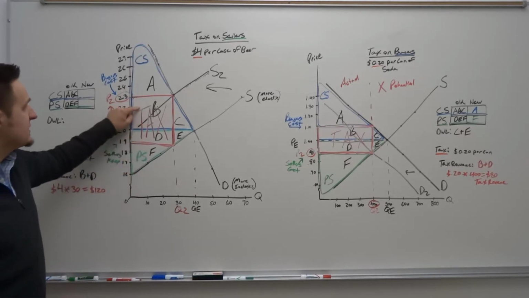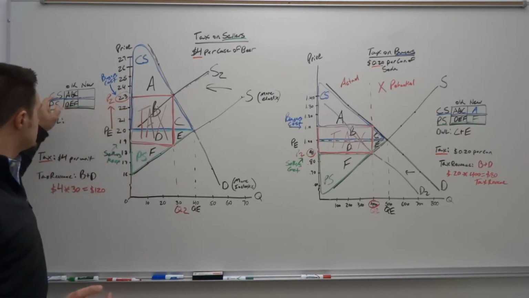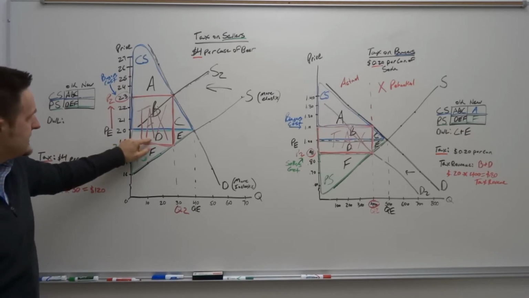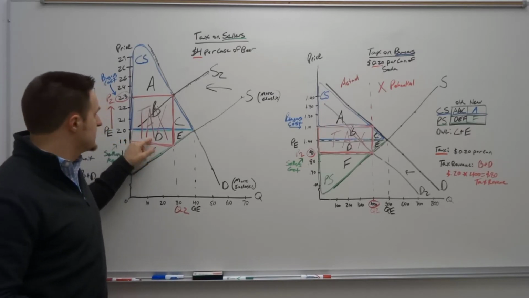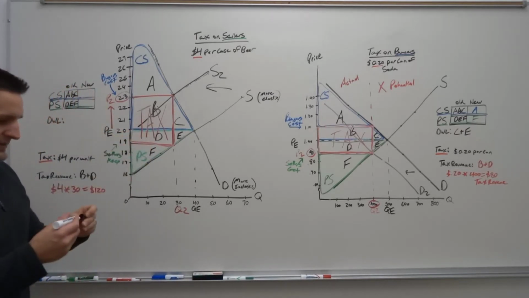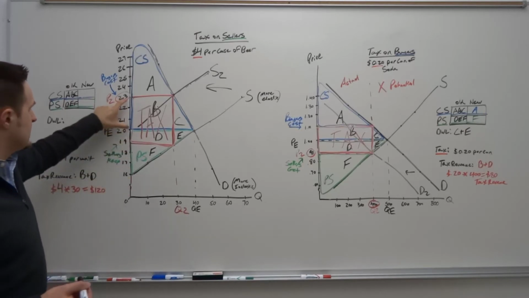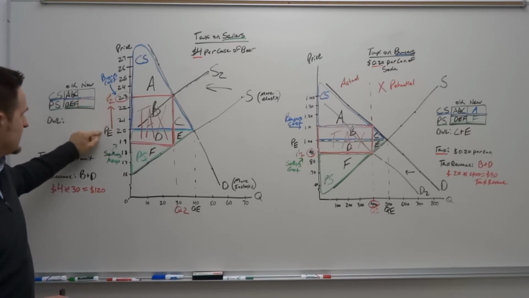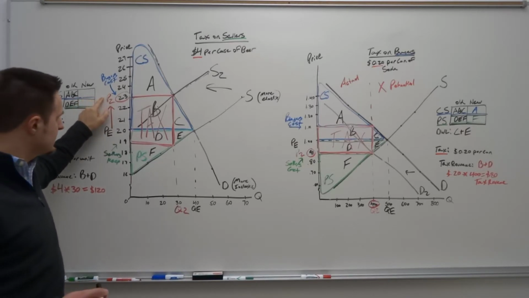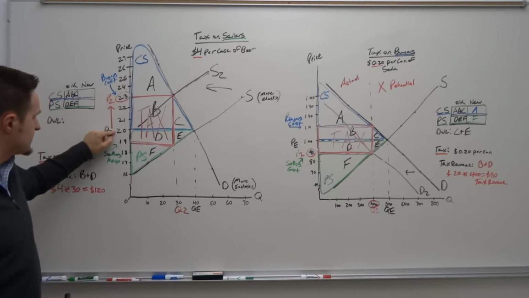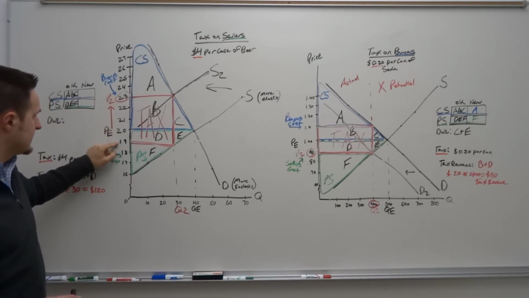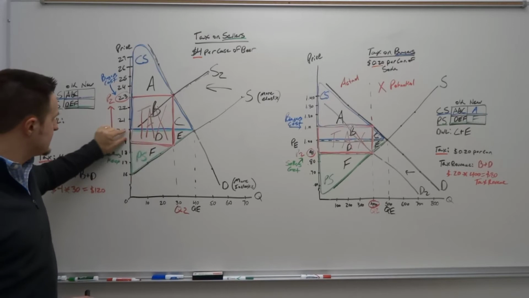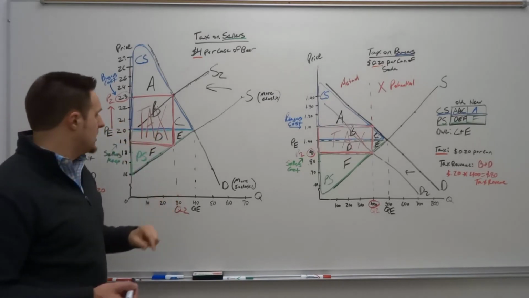Now area B comes out of the consumer surplus. Area D comes out of the producer surplus. So that becomes the incidence on the buyers, meaning that the buyers end up paying an additional $3, right? They used to pay 20, now they're paying 23. And the sellers used to get 20, but now they're only getting 19. So area D is the incidence or the burden on the sellers.